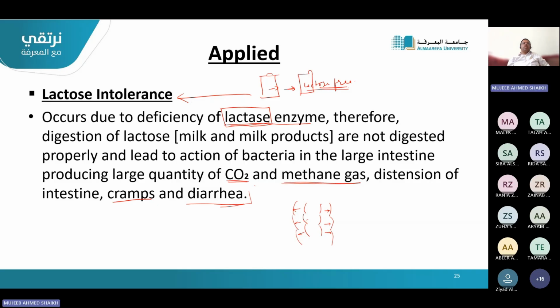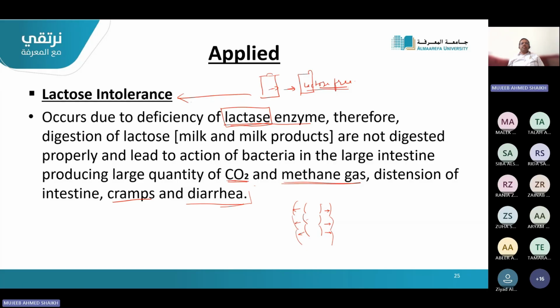And this is also seen in children, not only in adults. Yes, they have the ability to have lactose intolerance, but it is very common in newly born babies. They usually cry whenever you give the feed, because you give them lactose and they are not able to digest it, and it will cause production of a large amount of gas, and that's why their stomach, or you can say the abdomen, gets stretched, and they will cry severely.